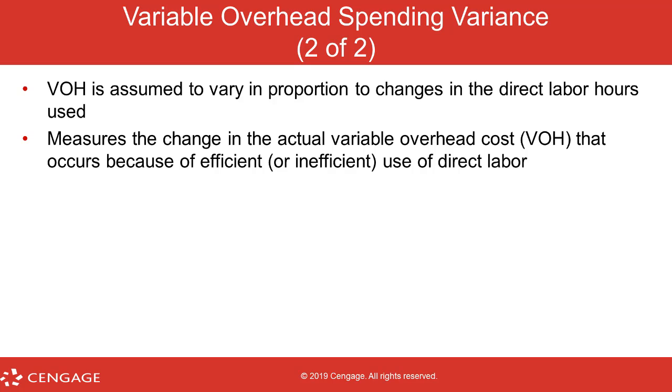That is, we use more labor to produce more units. We should use less labor if we're producing less units. If we're using more hours than expected, that's said to be inefficient. If we're using less hours than expected or using the number of hours that are expected, that's said to be efficient.